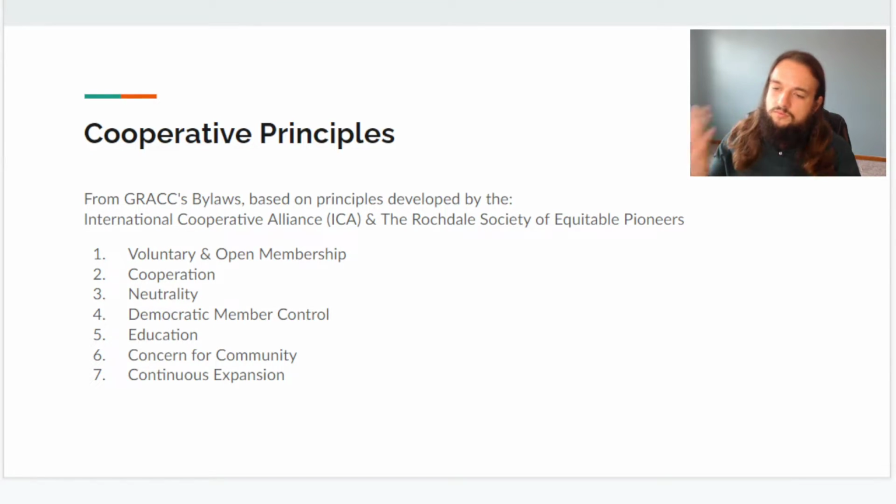So, here in the presentation, I've got the 7 cooperative principles that are listed in the GRAC bylaws, and I'll list those briefly before I go into the cooperative principles as defined by the ICA, because I think it's important whenever you're working with a local context or a specific organization to pay particular attention to the legal documents that form that organization and that your executive team and your staff are accountable to.